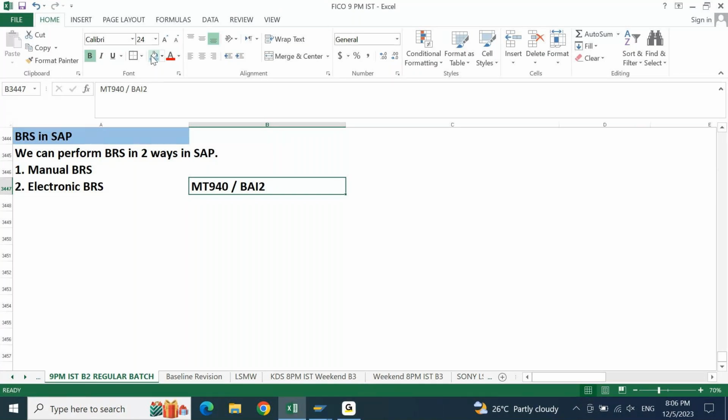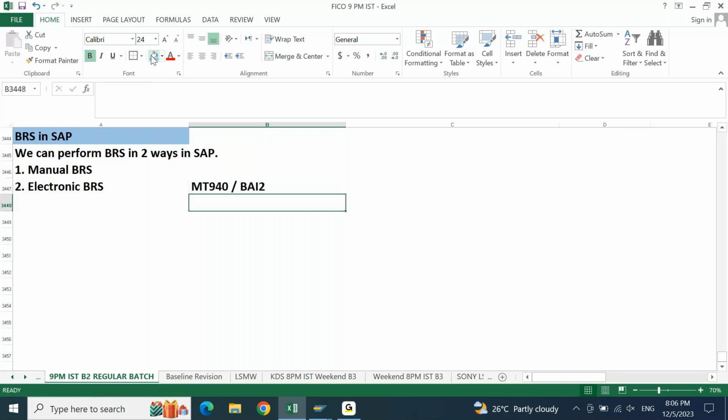Countries like the US work on BAI2, but the majority of countries work on MT940 format. Depending on your experience, for BAI2 you can say you have not worked on it, but MT940 is mandatory for every consultant who has experience on SAP. Electronic bank reconciliation with MT940 format is mandatory, no exception.